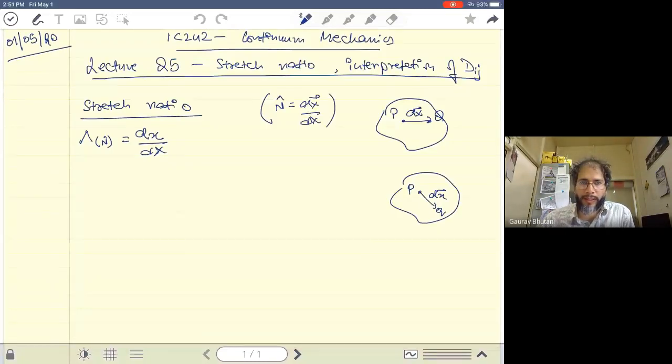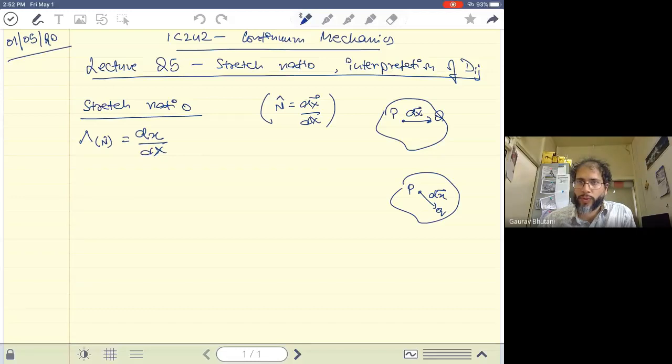For different N hat, that is different dX vectors, that is different points Q, you have different stretch ratios. So the body may stretch in a different way in different directions. This quantity, the stretch ratio, capital lambda subscript N hat, is written as dx by dX.